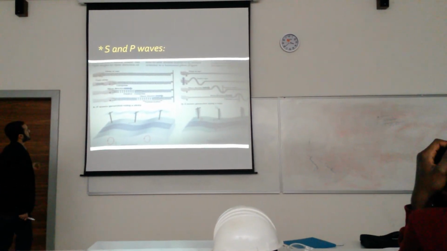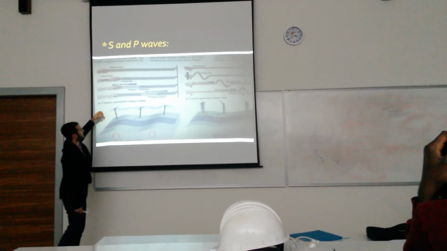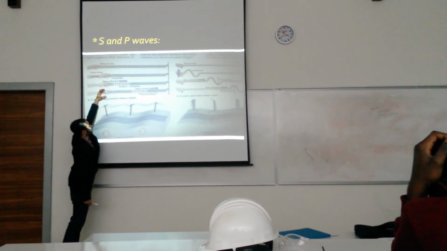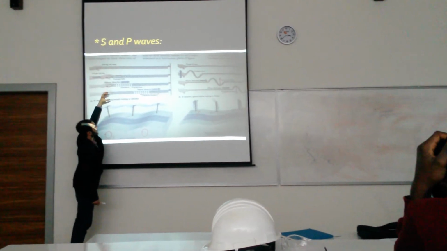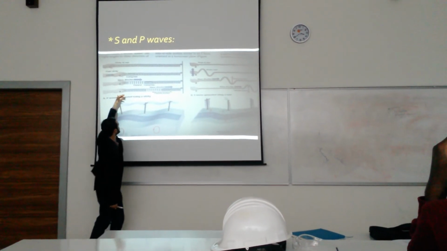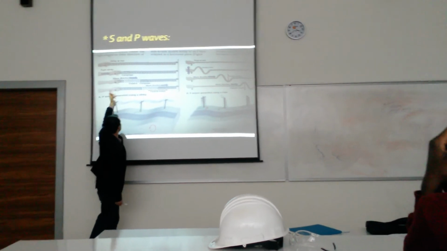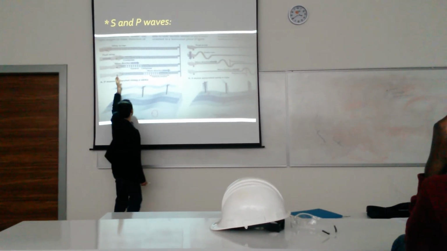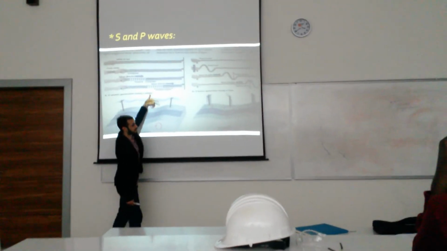Yes, for P waves, think about one spring and one guy. If I hold this spring and apply force like this, my force will go from A to B. That is my direction, with a pushing and pulling motion.